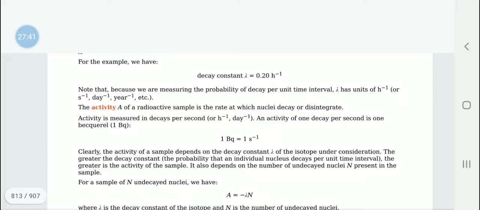Leave a line, put a star and write down: the activity A of a radioactive sample is the rate at which nuclei decay or disintegrate.